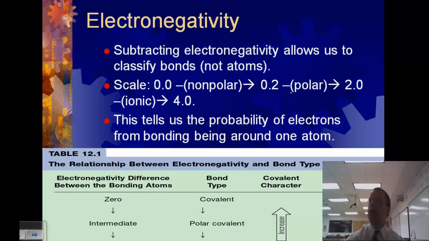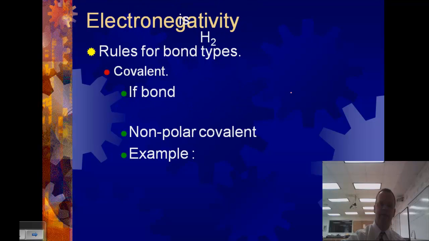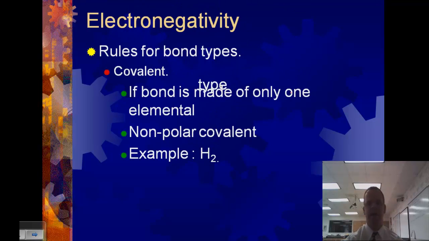Now, we're generally not going to use that numeric chart to figure out bonding in this course because you can just by the trend have a good idea of what's happening. So generally, when we think of bond types, covalent is going to be generally happening with only one elemental type. So these are your diatomic molecules.